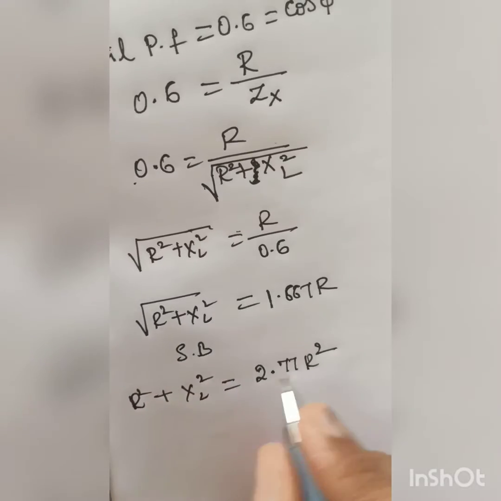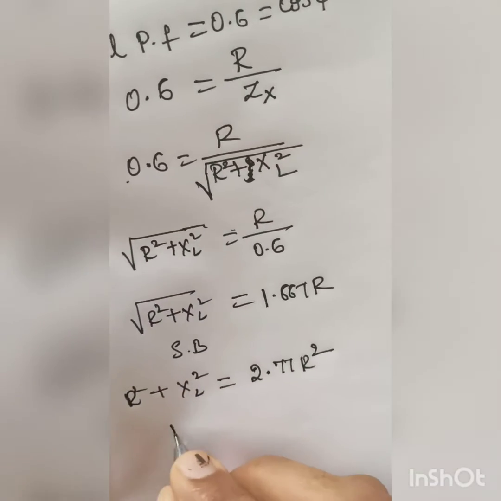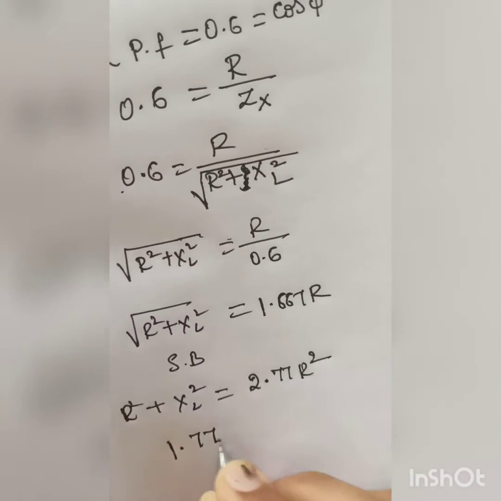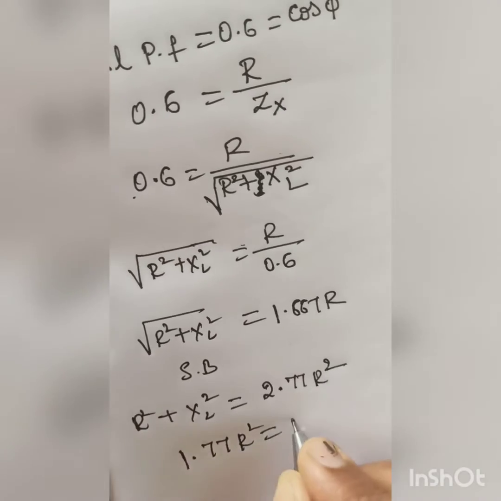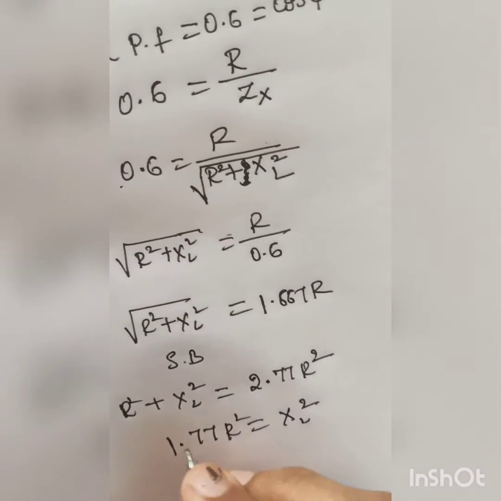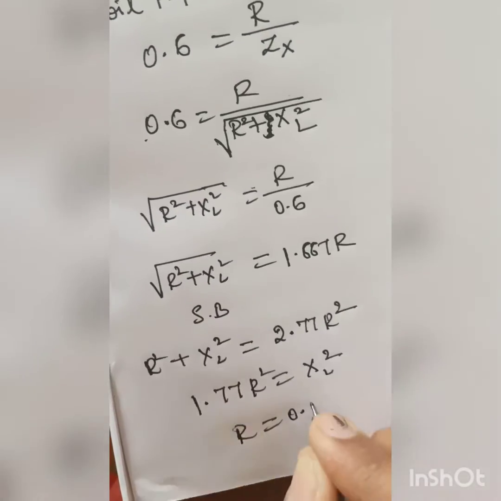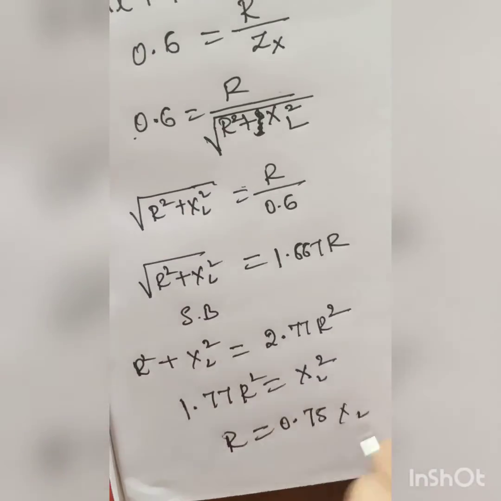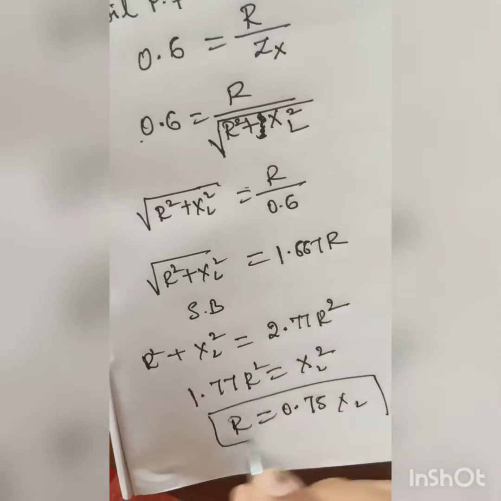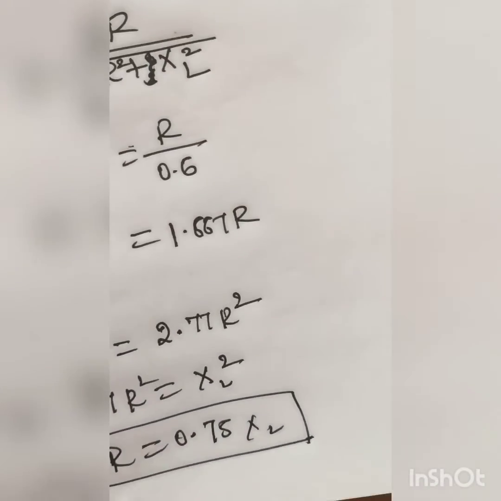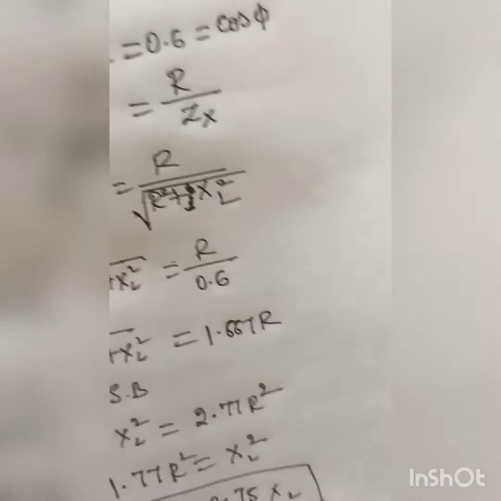If you simplify this, you'll get 1.77 R square is equal to XL square. Then R can be written as 0.75 XL. This is the equation of R.